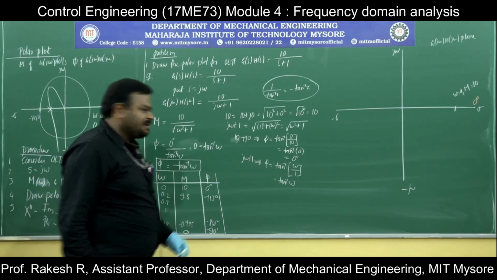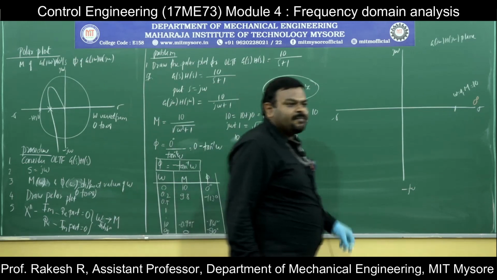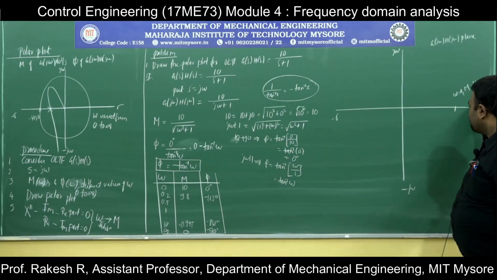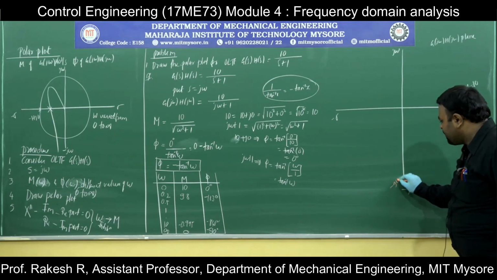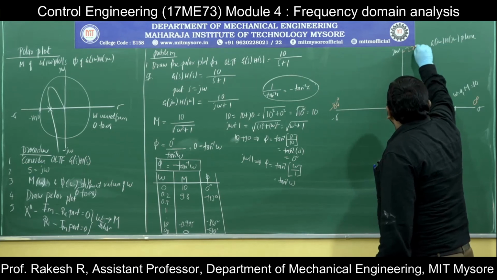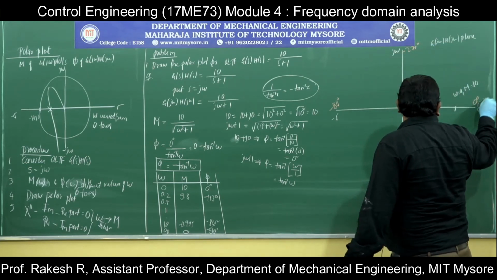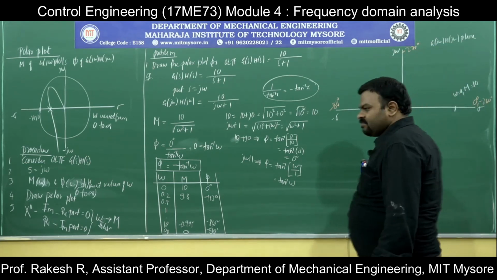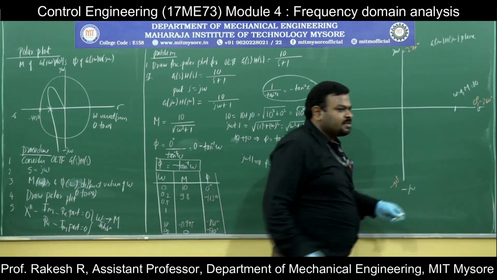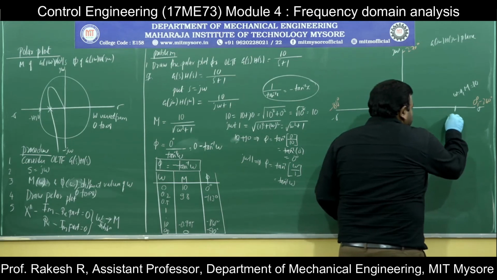Magnitude will be 9.8 and minus 11.3 degree. Where is minus 11.3? 0, minus 90, minus 180, minus 270, minus 360. So this is the first point, and minus 11 point something is here.